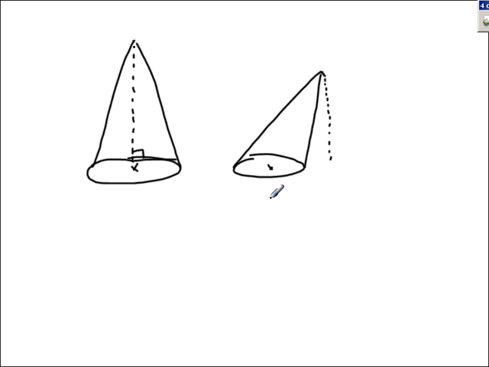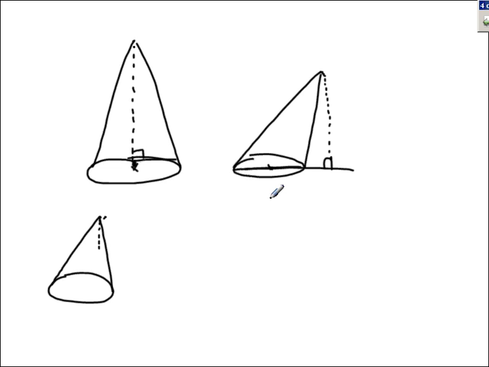So, I guess what I said was incorrect a moment ago. I said if you have this line, it's going to meet at a right angle. Yes, it's always going to meet at a right angle. But it has to hit the dead center. For example, if it was off-centered just a little bit, maybe it'll look like this.